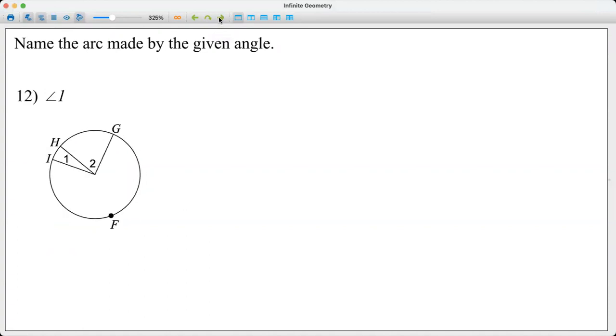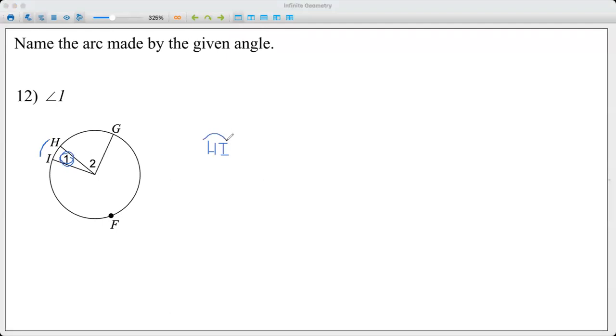Let's do a minor. They can ask this question the same way, except ask you to name the arc for the given angle. Notice this one doesn't say major arc, it just says angle 1. So this is how I know they want a minor arc. So here's angle 1 right here, and the arc it makes is HI. So it's not going to say name the minor arc, it's just simply not going to say name the major arc.